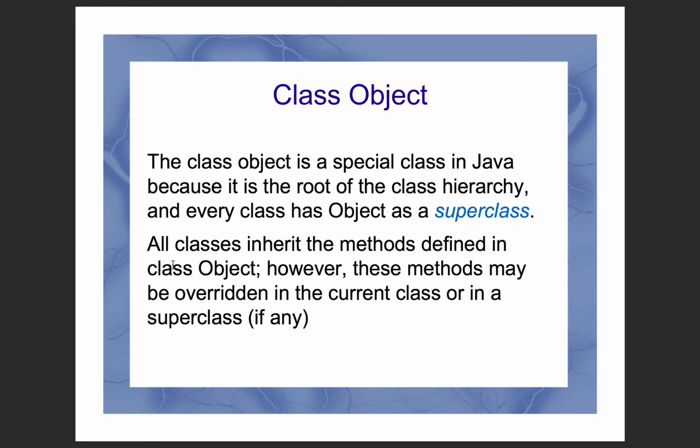So you can say that Object is the supermost class of all other classes. So all classes inherit the methods defined in class Object. However, these methods can be overridden in other classes, and you can also access these methods in your own class.